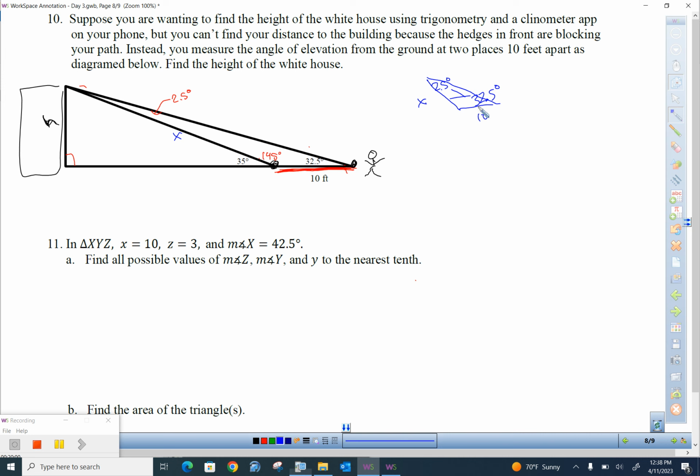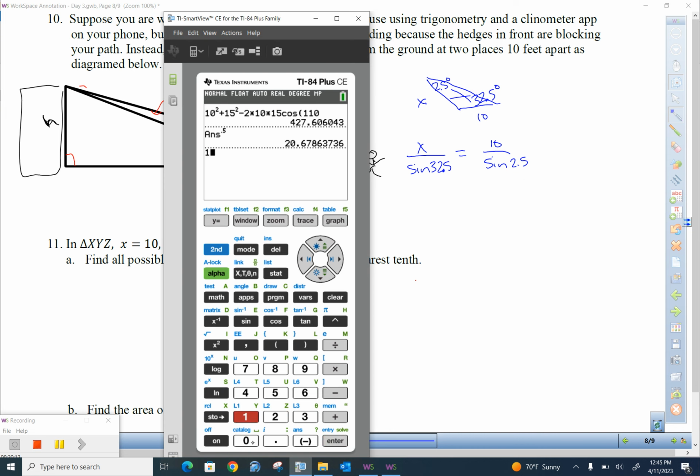So from here, law of sines looks like x over sine of 32.5, and then equals 10 over sine of 2.5. So then I just need to take 10 sine 32.5, close your parentheses, then divide it by your sine 2.5 to get about 123.2.